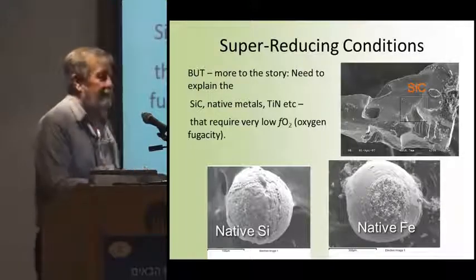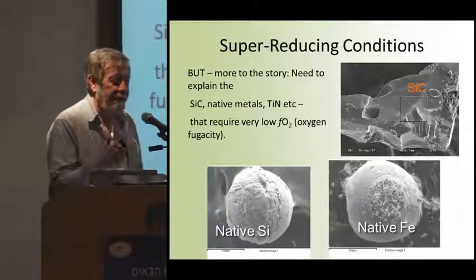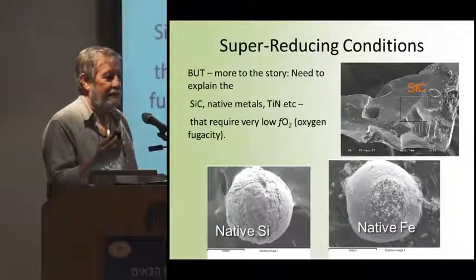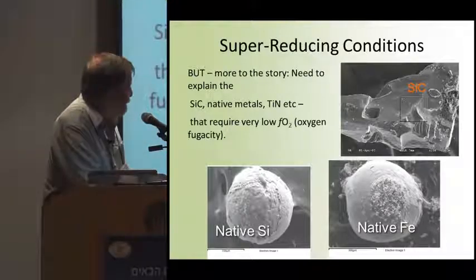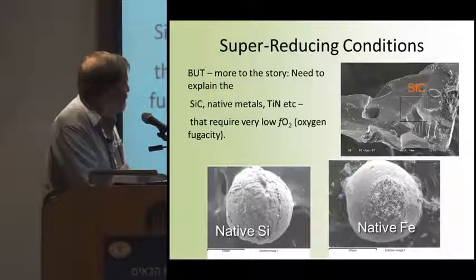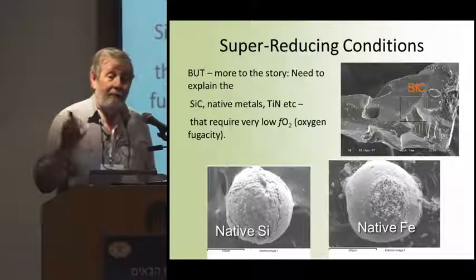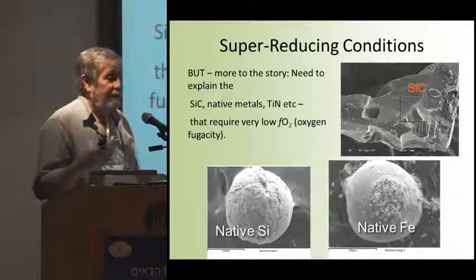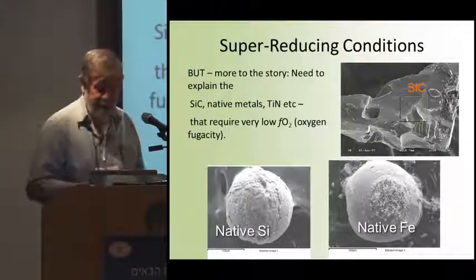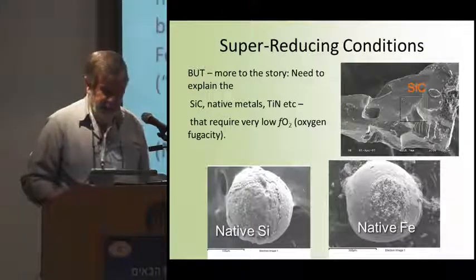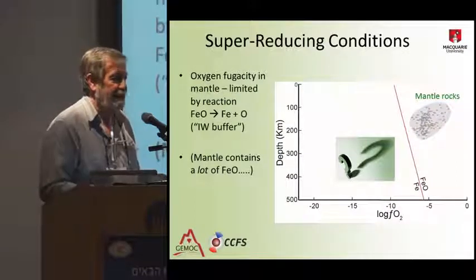And the thing they have in common is they're super reduced. You have things like native silicon, native iron. This is silicon carbide. And these things are all telling you that you have very low oxygen fugacity. And a lot of people will argue that you can't do this because the mantle doesn't have oxygen fugacity that low.